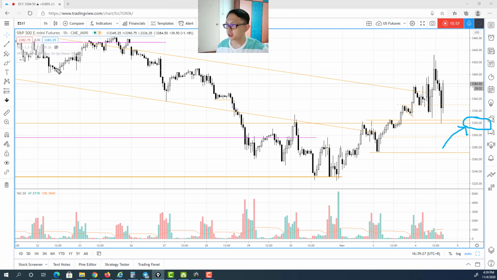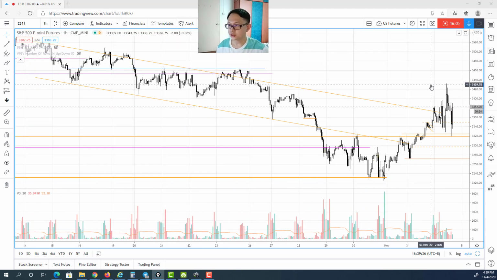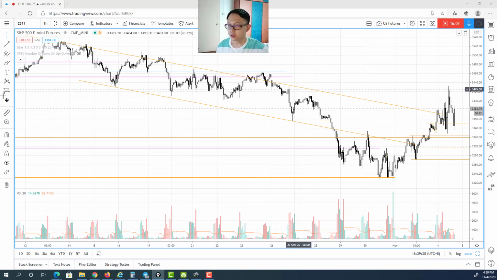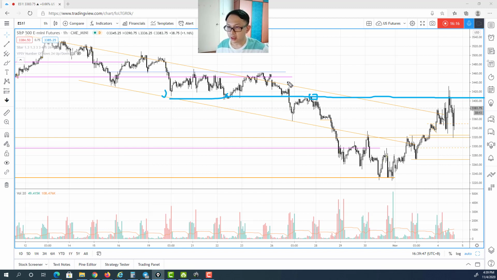And otherwise, another level that I'm watching is definitely the 3400 level. So you can see there were 2 hourly bars actually reacting from that level. That's based on quite a few touches. And definitely I think this level could correspond to maybe 3420 as well.